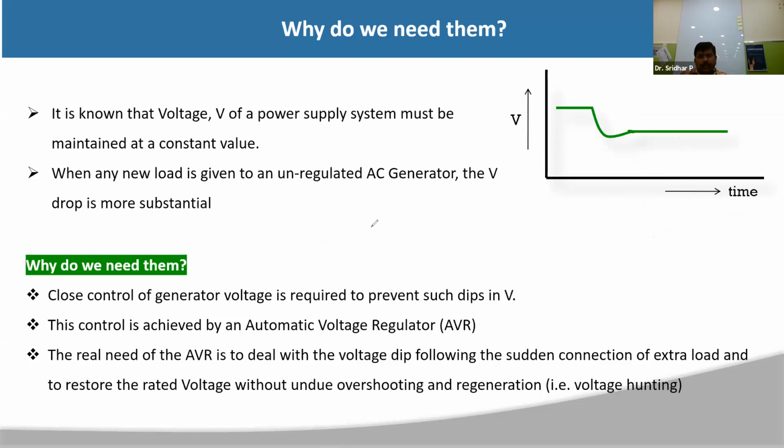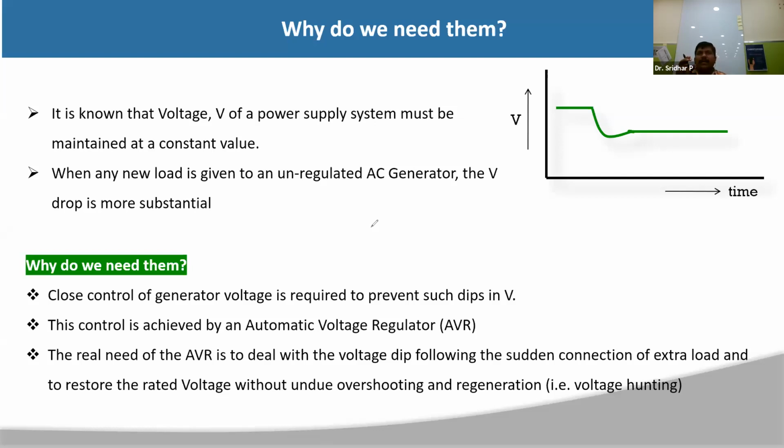Now, who will monitor this voltage? Why do we need them? We have already discussed many real-time issues. A voltage dip can be seen with a sudden connection of load, or when you suddenly release some load. I usually give the same example: suppose you connect a three-phase load in your domestic appliances, for example to heat some water.